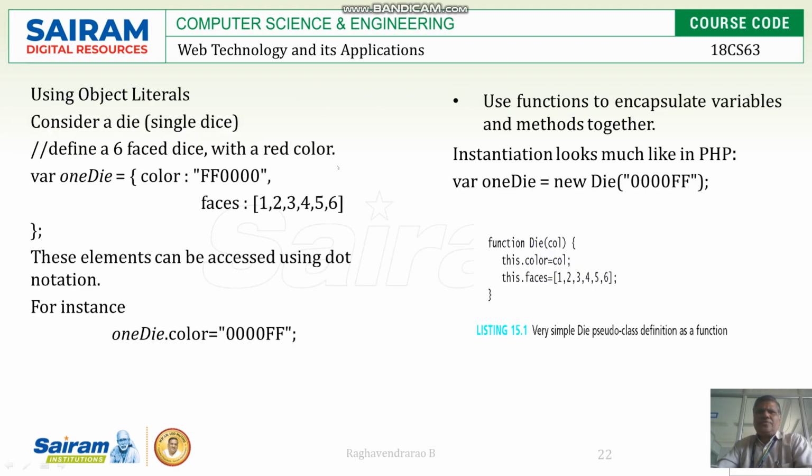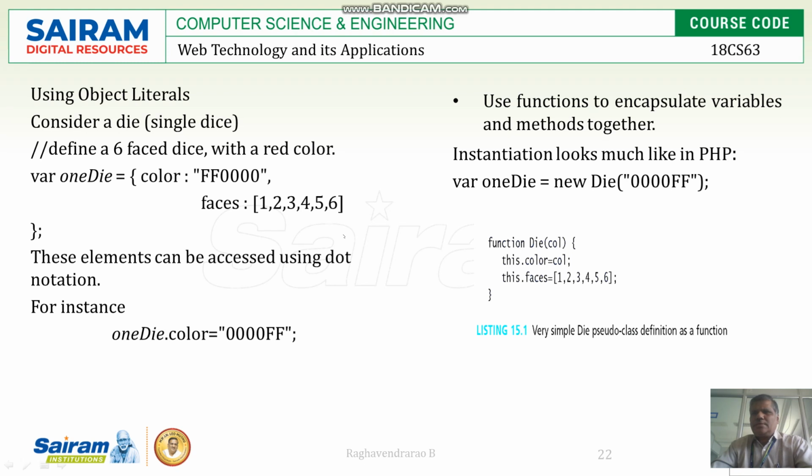Now, an example if you're going to take the object literals. There's one function called a die function. So a single die that we are going to make. Here it is going to have 6 faces, as you know about the dice. So one of the colors you have to fetch, the red color only, then the possibilities are going to be there. Here it is one small function: variable one die is equal to color, red color, and 6 faces are there.